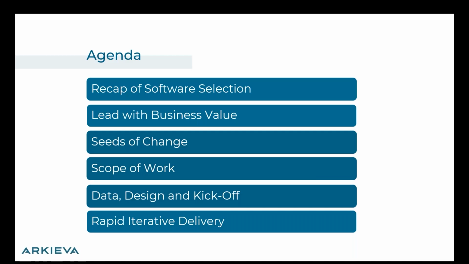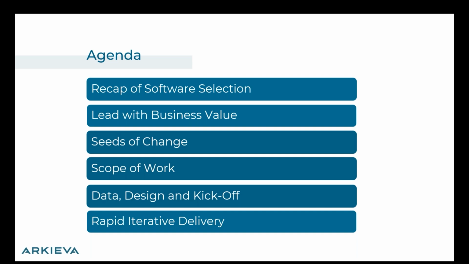Okay, so let's look at the agenda for today. Last month, we had presented a webinar on how to go about selecting a software. So we'll start with a recap of that, and then we'll jump into the topic for today. We'll talk about how to lead with business value, what might be the seeds of change you have to look at within the organization as you go through this process.